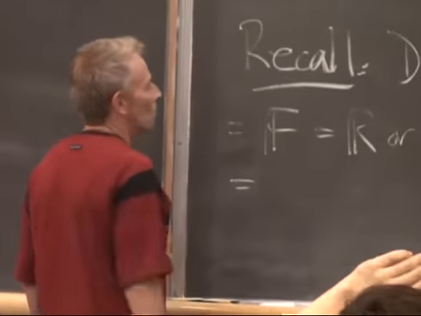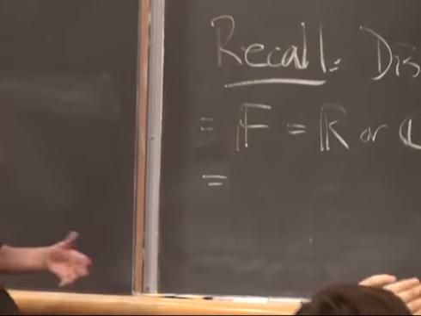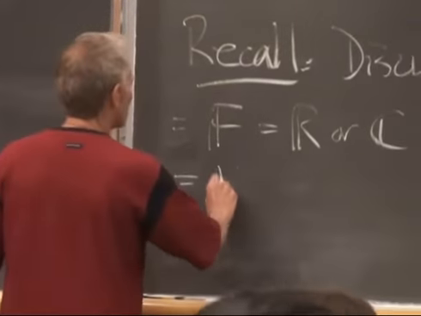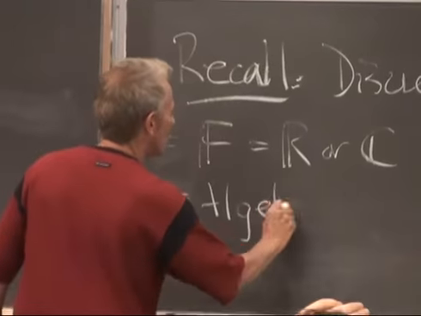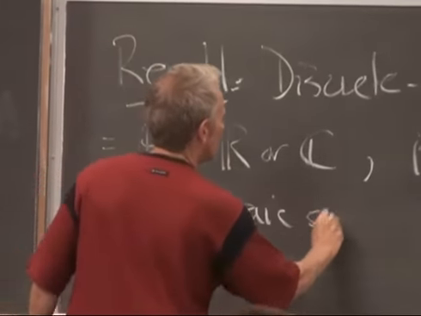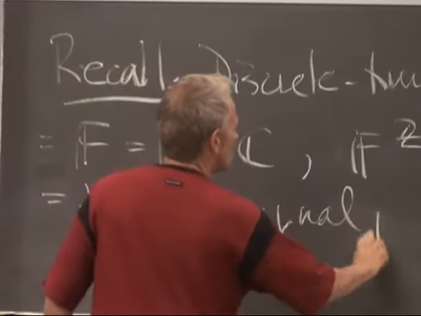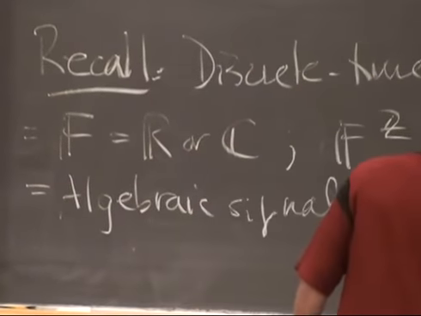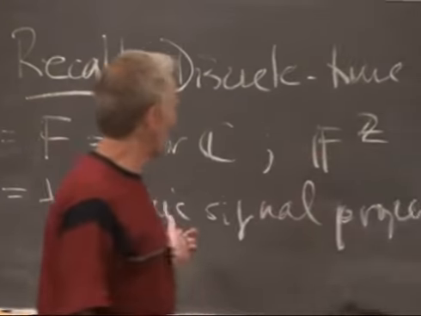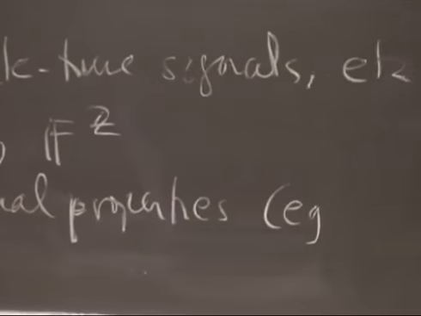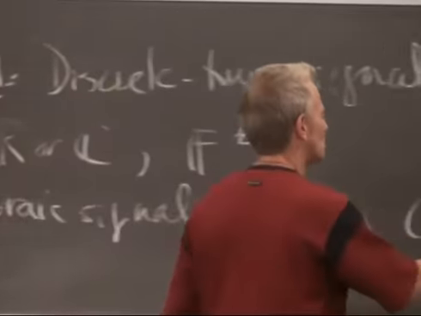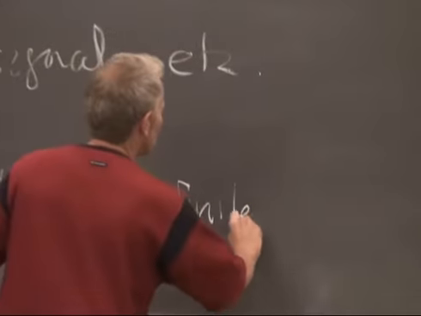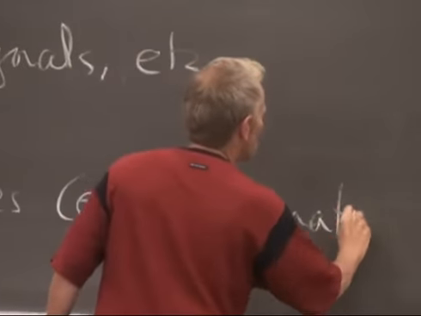And we had some various system properties. So algebraic, or signals properties. When I'm talking about algebraic signals properties, I mean things like right-sided, left-sided, finite duration. Finite duration is like the classic one of those.